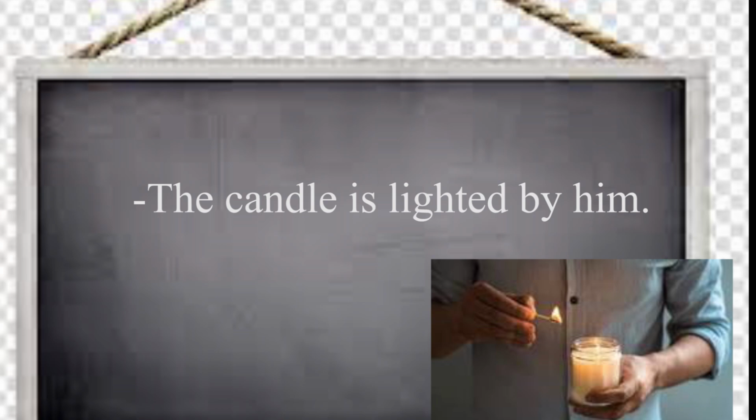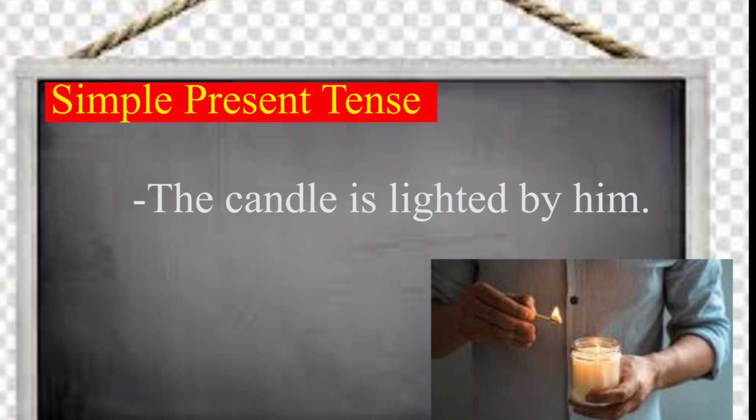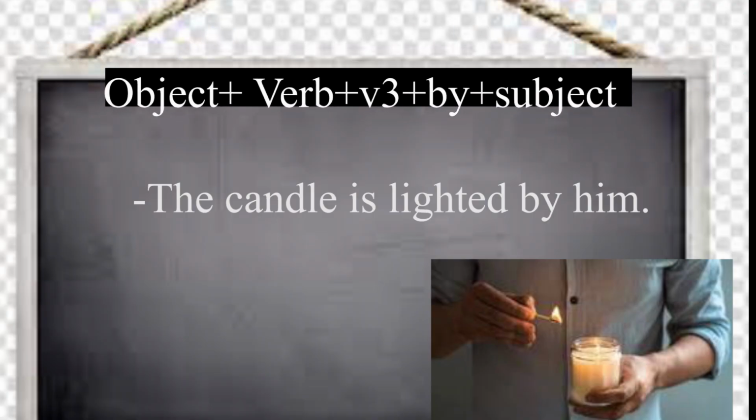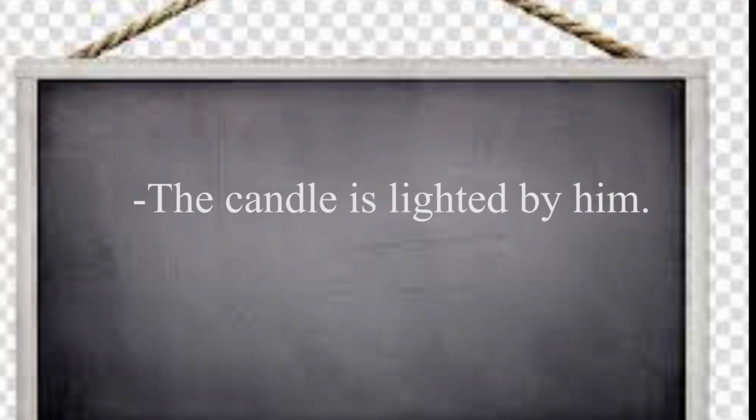For simple present tense we use is, are, am plus verb 3, the preposition by plus object. He changes to him. So the candle is lighted by him is the passive voice form.